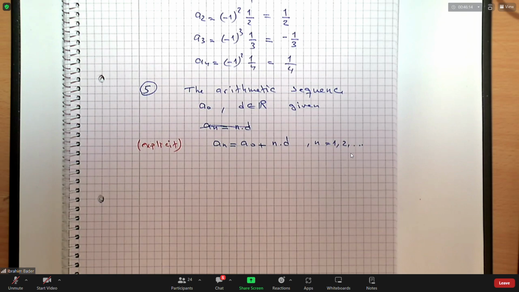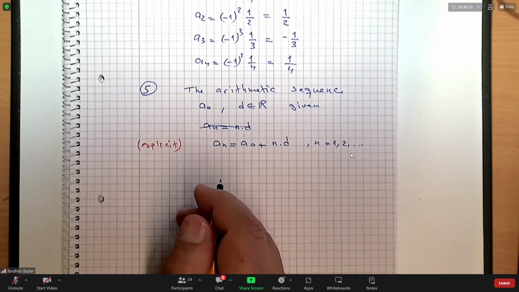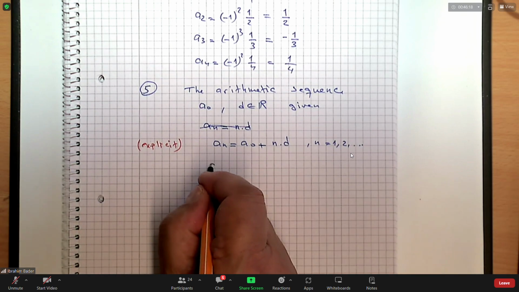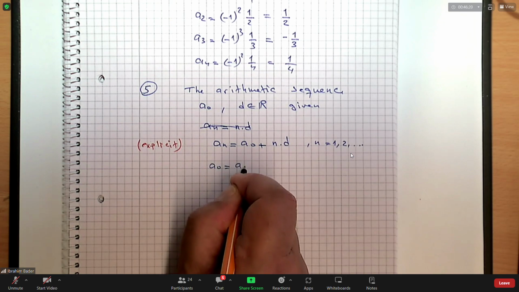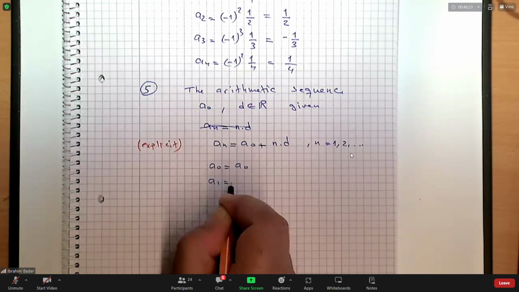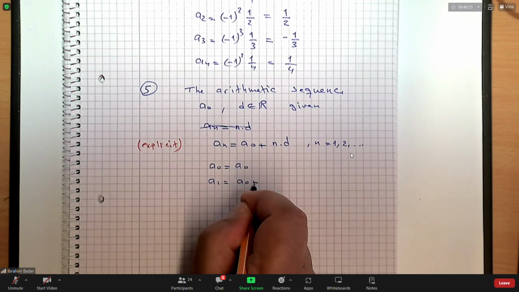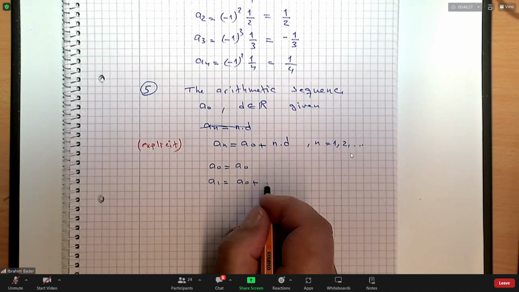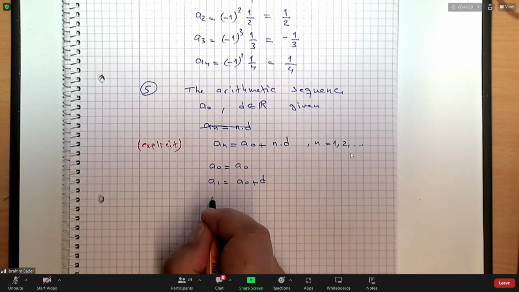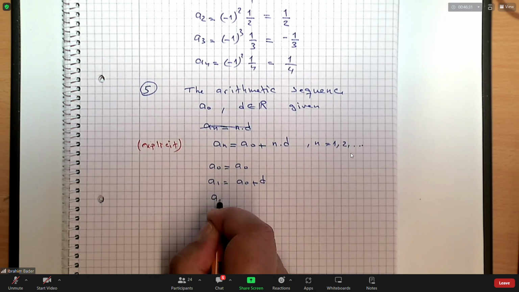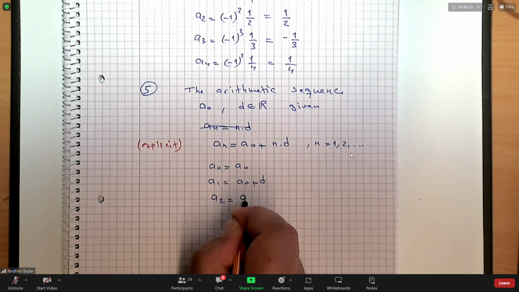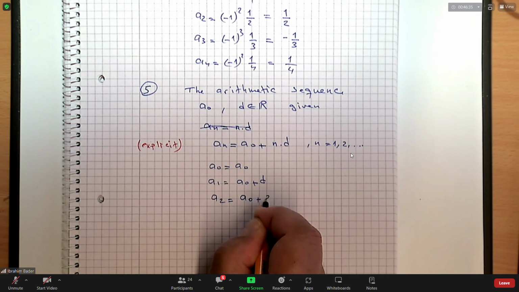Now, how do we generate the elements of this sequence? A0 is equal to A0, of course. A1 equals A0 plus n times d, so plus d. A2 equals A0 plus 2d, right?